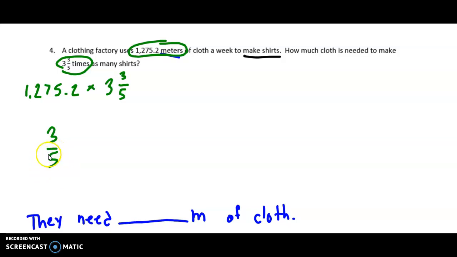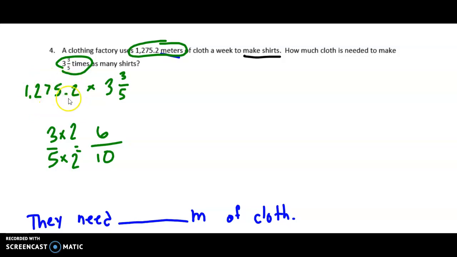And I know fives go really well with tens. Okay, so how might I get from 5 to 10? Multiply by 2. Now if I do the denominator multiply by 2, what do I have to multiply the numerator by? If you were saying 2 as well, you're correct. Give us 6/10.